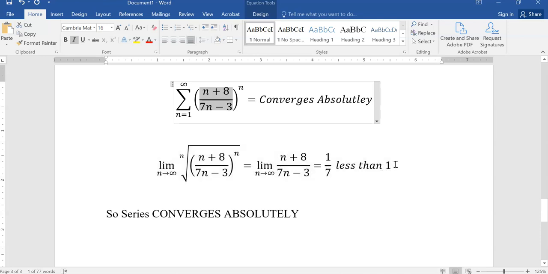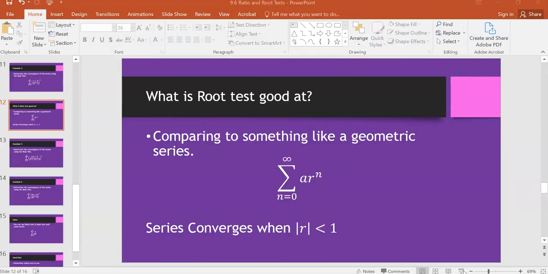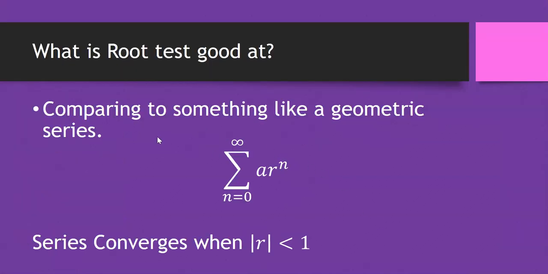And so what it's kind of saying is that we have something like a geometric series here. We have something that looks like a times r to the n. And in the geometric series, we knew that the series converged when the number r was less than 1 in absolute value.